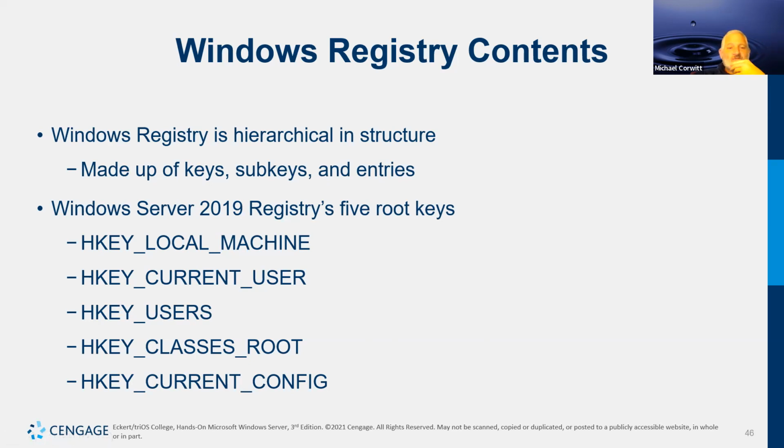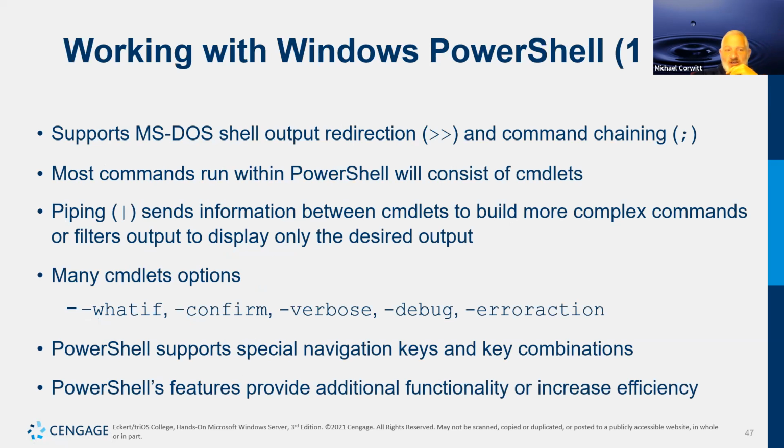Okay. Working with Windows PowerShell, it supports MS-DOS shell output redirection in the command chain. Most command runs with PowerShell will consist of cmdlets. Piping sends information between cmdlets to build more complex commands or filter out and display only the desired output.